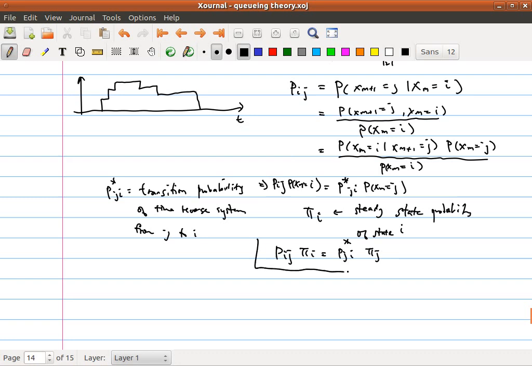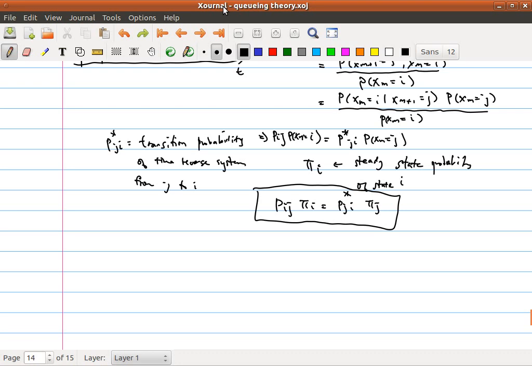And this is true for any system where we can draw the state diagram and the transition probabilities can be specified.